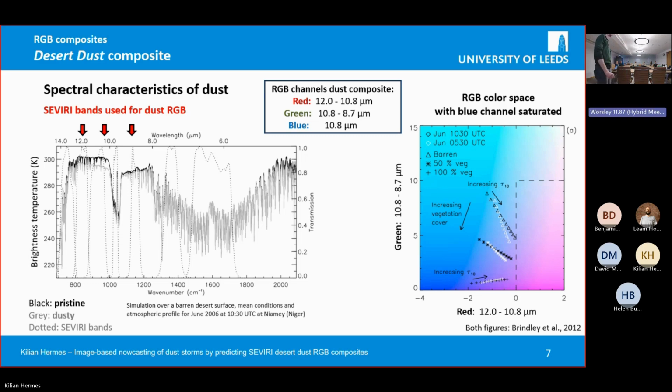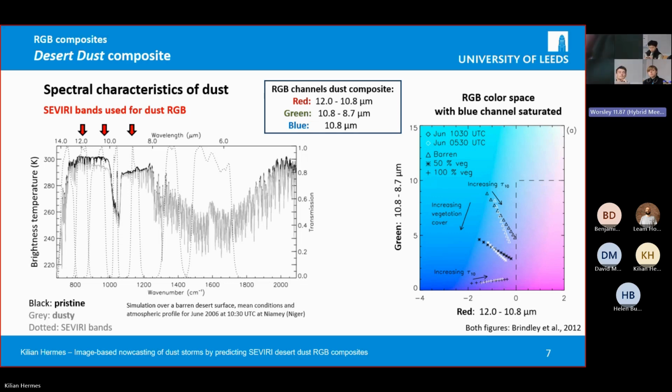This is a spectrum of brightness temperature, what this instrument would measure when it's looking at a spot over the surface. The black line here shows what it would measure in a pristine, non-dusty atmosphere, and the gray one shows what it would measure in a dusty atmosphere.